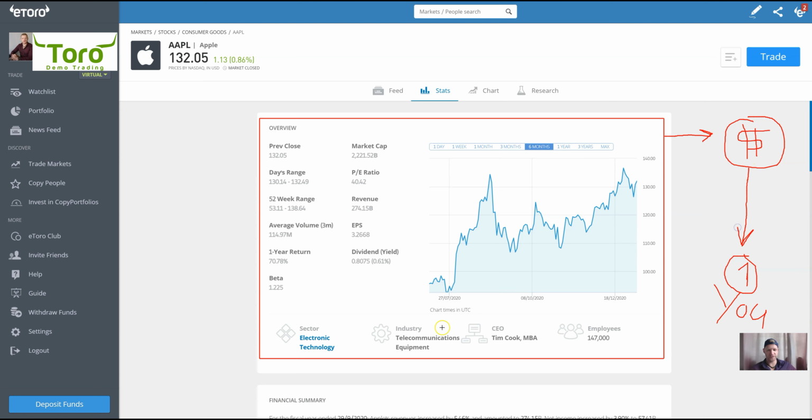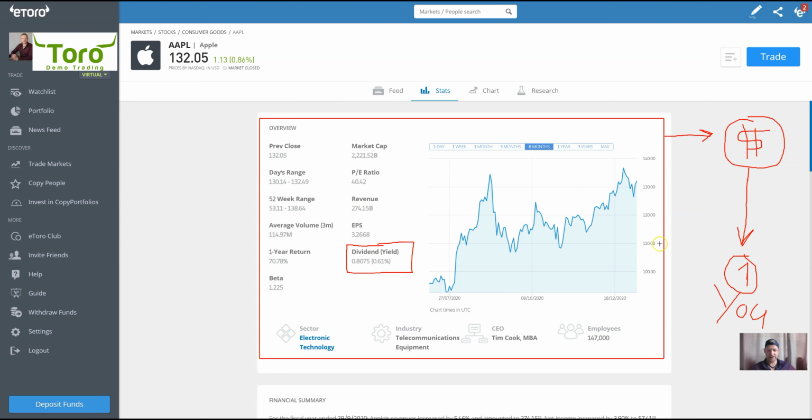A dividend yield of 1% a year, or in this case 0.6% in Apple's case per year, will be paid out to the shareholders, and this dividend yield is according to the share price.